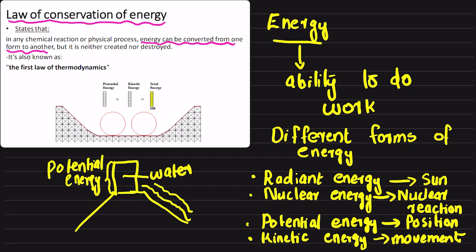Before the reaction we have potential energy; after the reaction we get heat energy or light energy. That shows that energy can be converted from one form to another. It is not destroyed or created, it is just converted from one form to another. It won't get lost or gained. Okay.